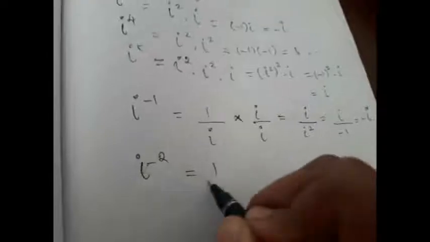Hope you understood. Now what is i power minus 2? The same way, 1 by i square is 1 by minus 1, which is minus 1. But what will happen if it is minus 3? 1 by i cube, which can be written as 1 by i square into i, which is nothing but 1 by minus i. From where did I get this minus? Because i square is minus 1, and minus 1 into i is minus i.